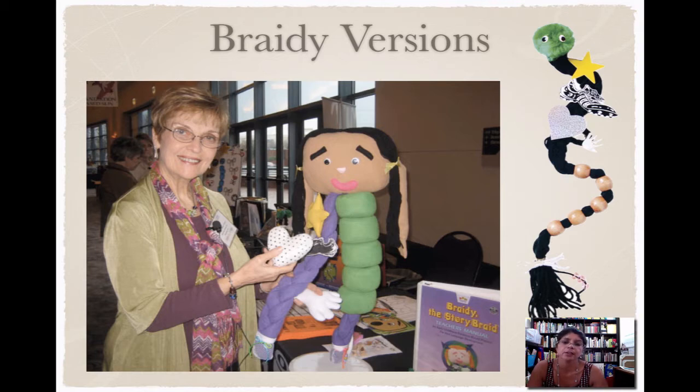Then you have a larger, say, preschool version on the left-hand screen with the author. And then there is one more that is about half the size of the one you see on the right side, smaller beads, smaller pom-pom, and that's the student version.